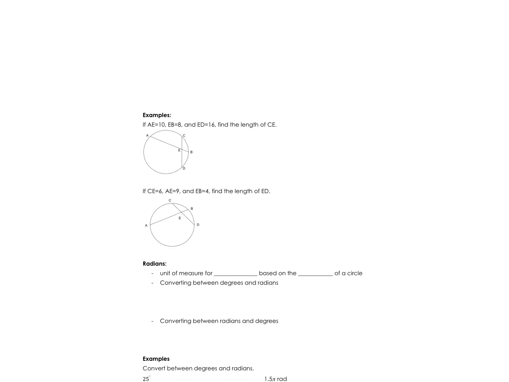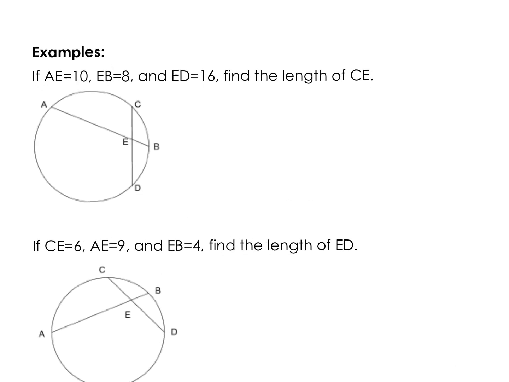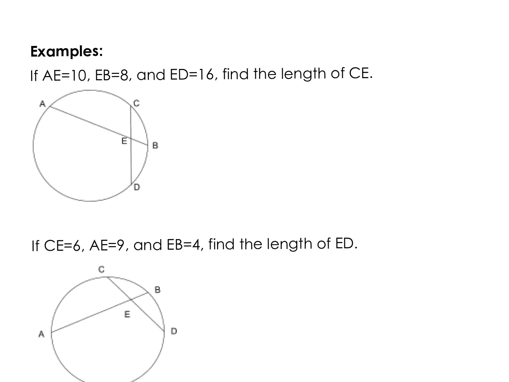So let's go ahead and do a couple examples. In our first example, we're going to have that AE is 10 and EB is 8, and we know that ED is 16. And we want to find the length of CE, which I'm going to label as X. So using my formula, I know that 10 times 8 has to equal 16 times X, since those are the products of my chords.